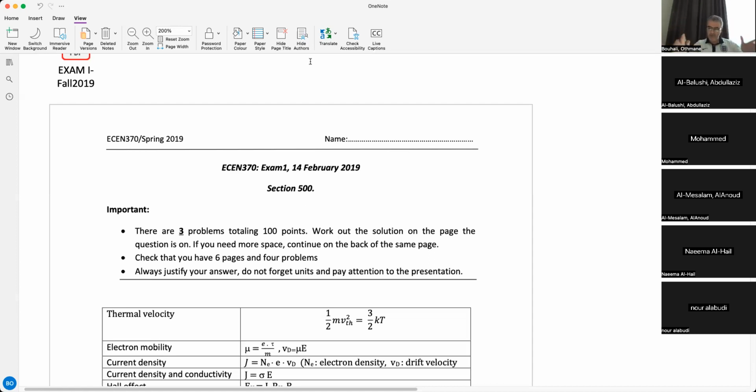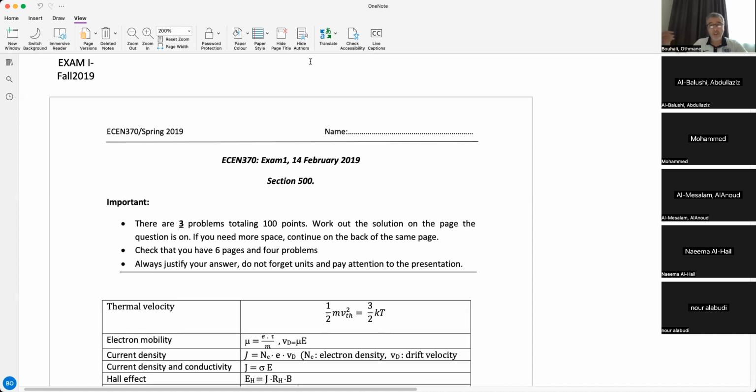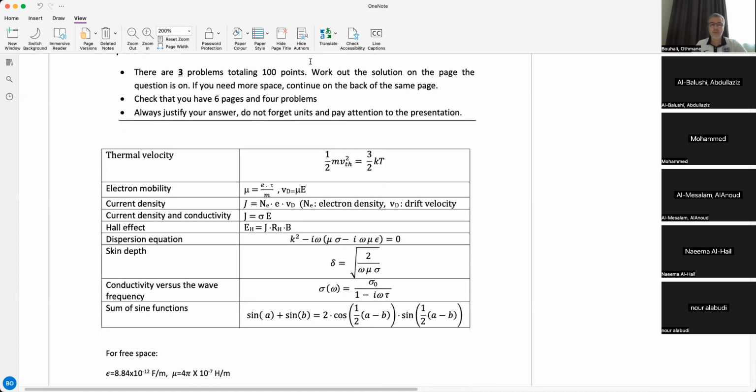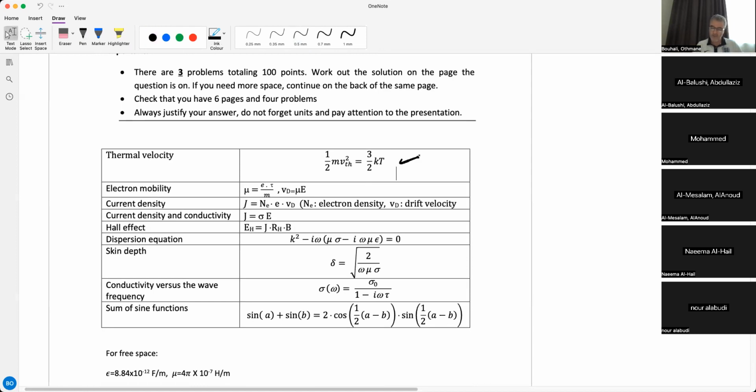Now let's focus on this chapter, which is a long chapter, by the way. So this is an exam, and you can see those are the formulas that you will have. Here you have the usual formulas: the thermal velocity, electron mobility. Now, I'm not giving all the formulas because some of the formulas you can figure out yourself.